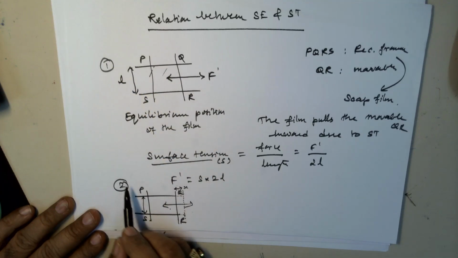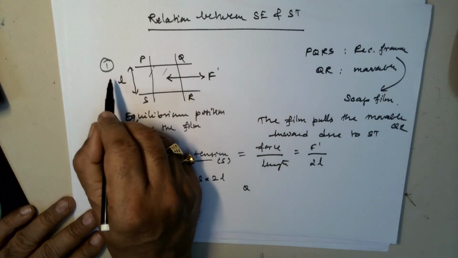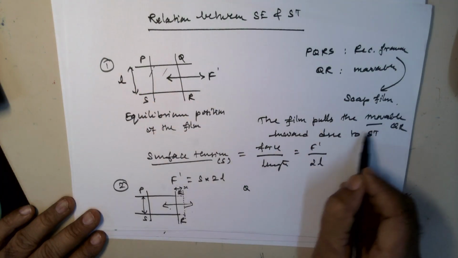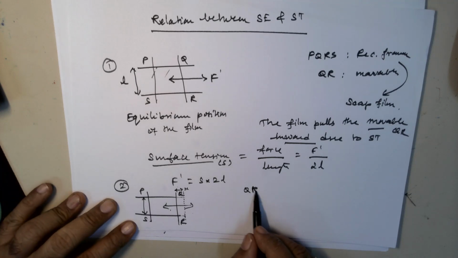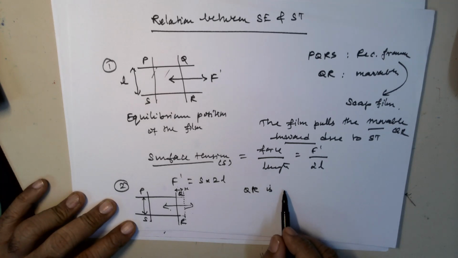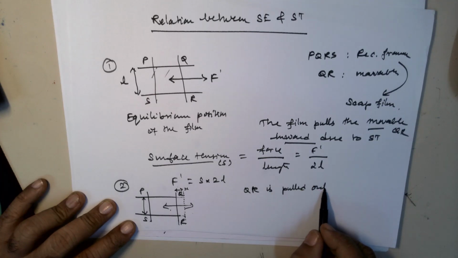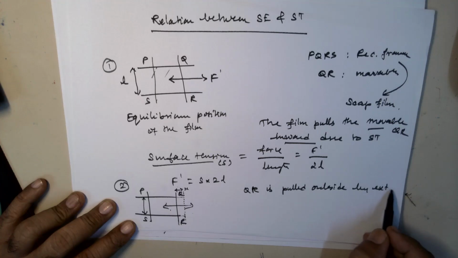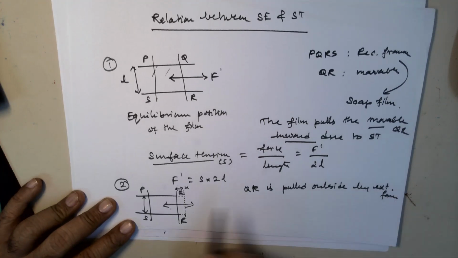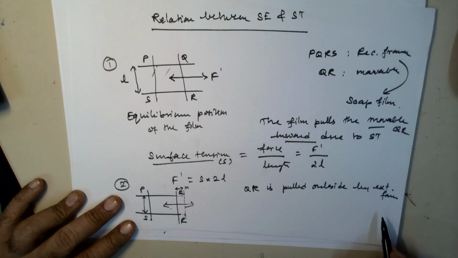Now the second case: QR is pulled inward. Now the same QR rod is pulled outside by an external force, and let us call that force F. Now, what is the work done?